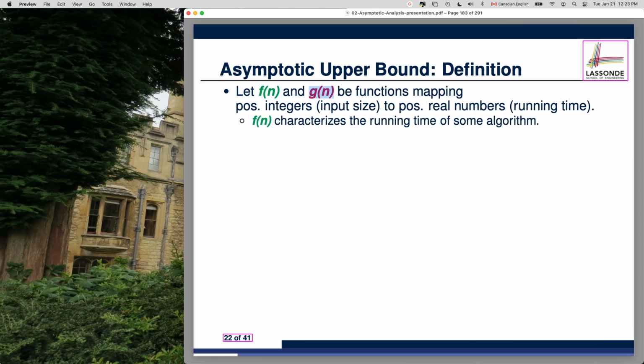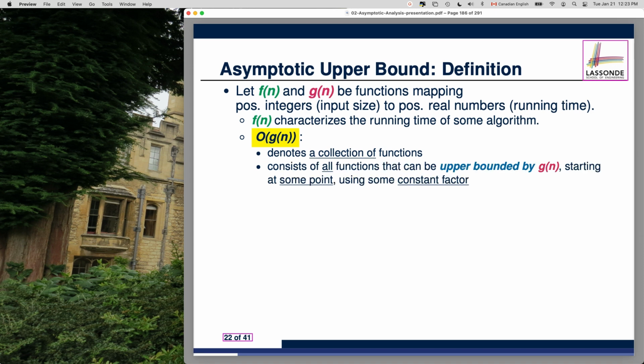Yeah, if you go back to the slides, you will see, okay, the big O of g of n is a family. And this is important.